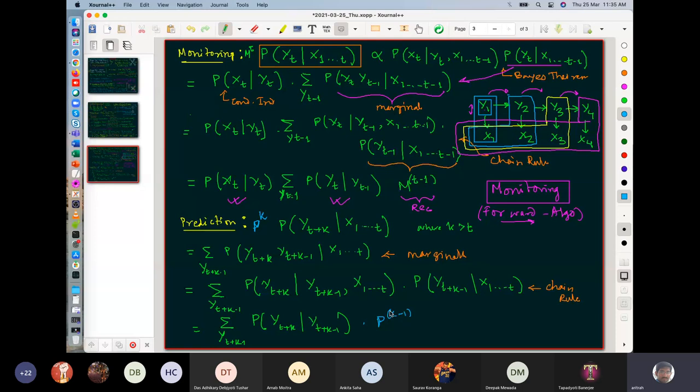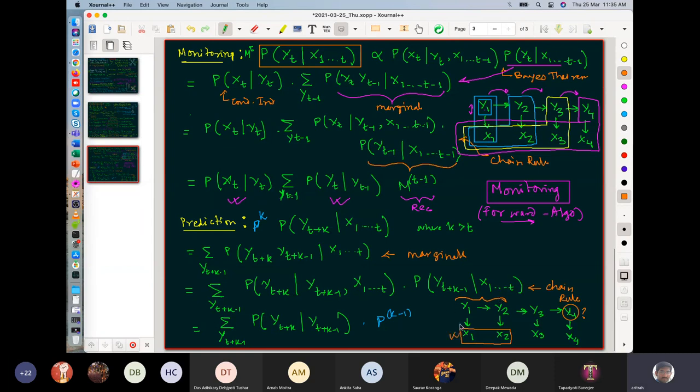Yes, sir. Now if you rethink how this recursion proceeds with our algorithm, I have y1 observation x1, y2 observation x2, y3 observation x3, y4 observation x4. I only have a view up to this point, and I want to predict the next one. The system will move, but you only have a view till this point, not the hidden state.